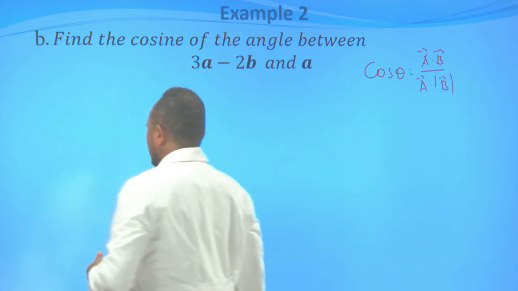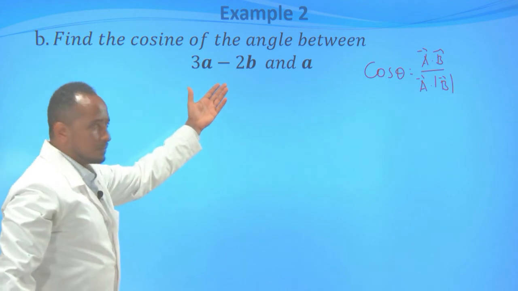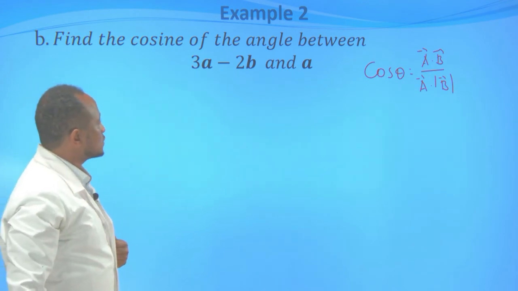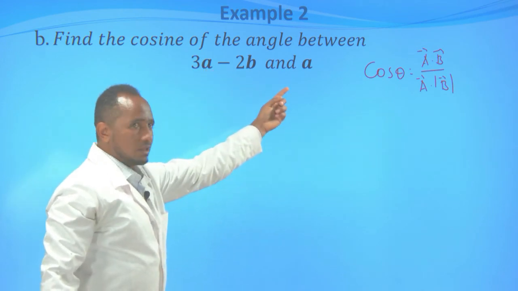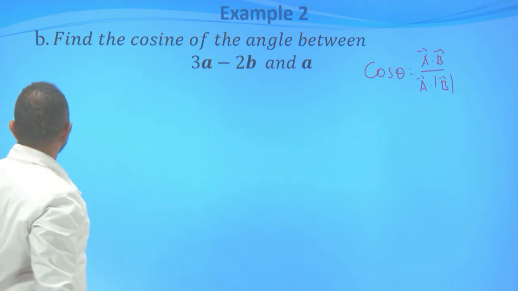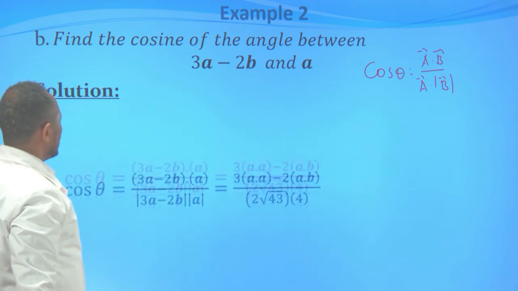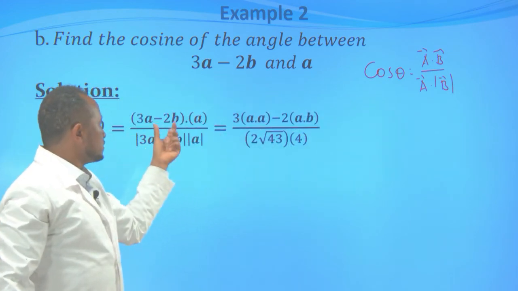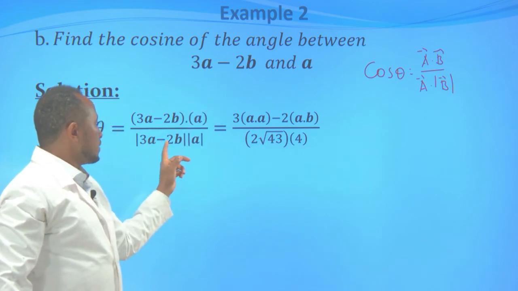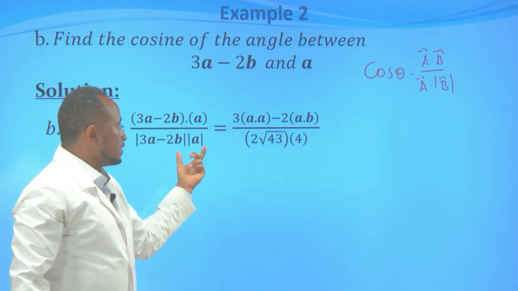So to find the angle between these two vectors, cos theta is equal to the dot product of the two divided by magnitude of this times magnitude of a. So cos theta is equal to the dot product of the two vectors divided by magnitude of 3a minus 2b times magnitude of a.